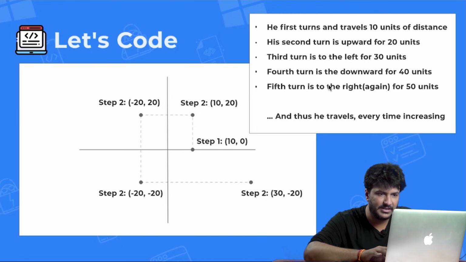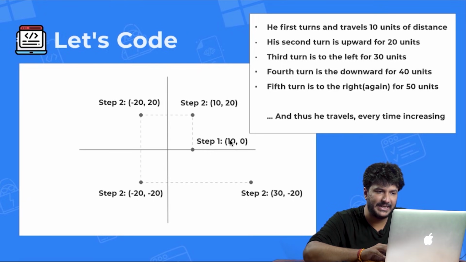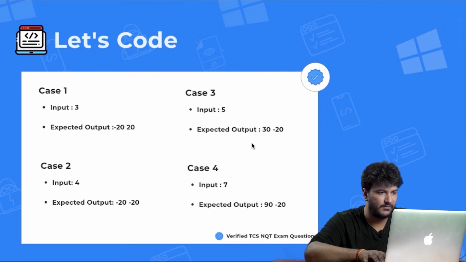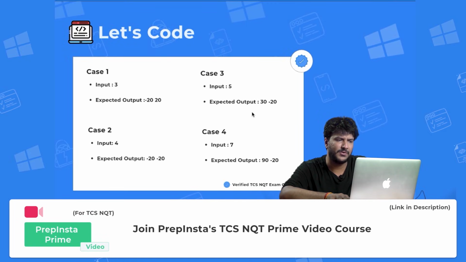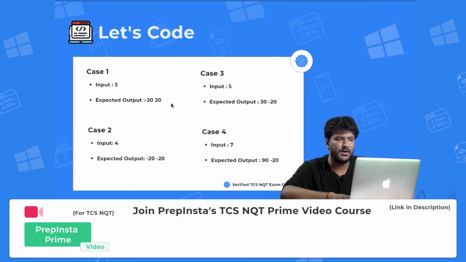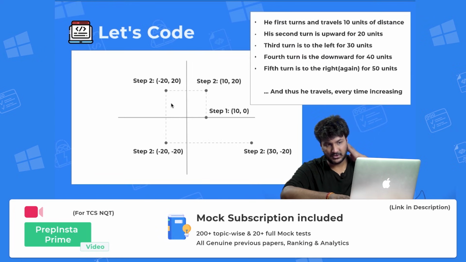He first turns right and travels 10 units of distance. So if the n value, or the input value here, is 1, then the output would be 10 0, that is, 10 space 0.